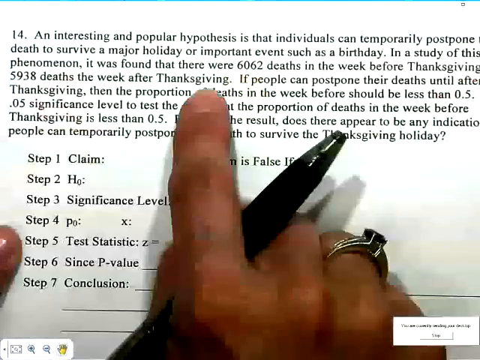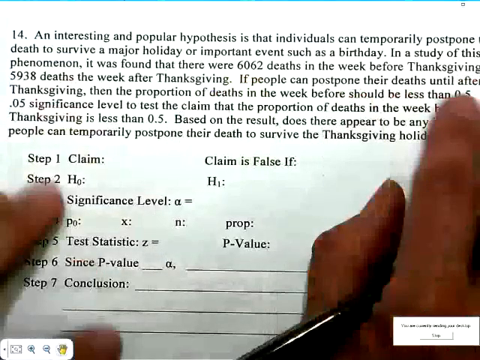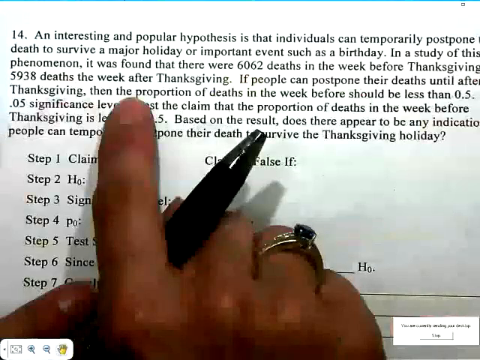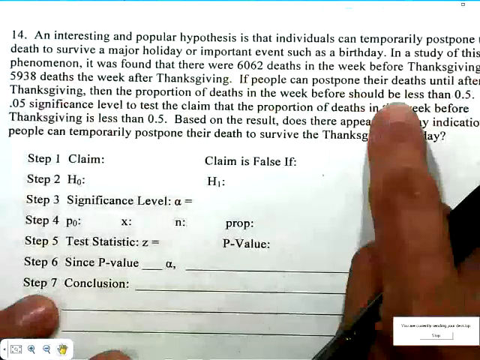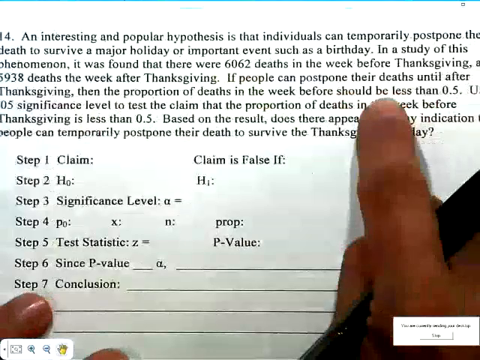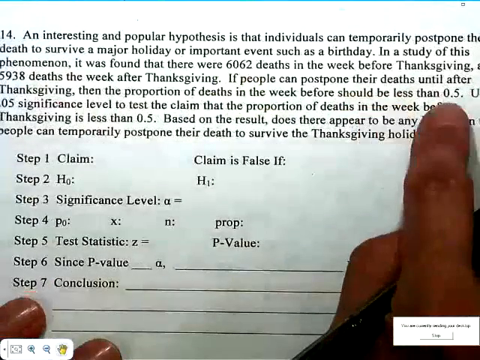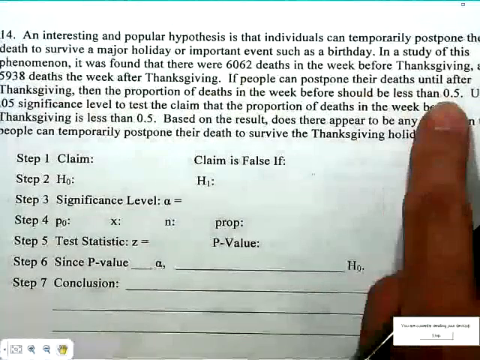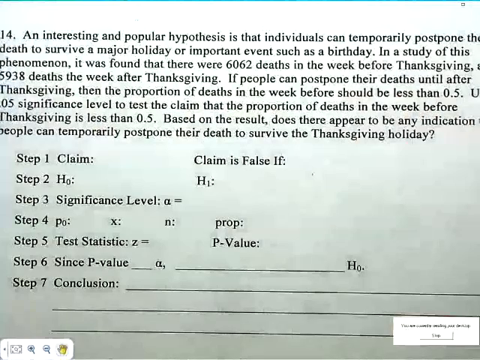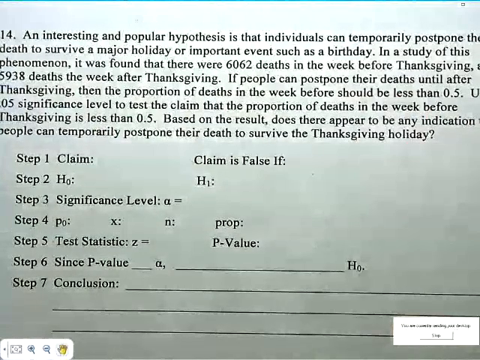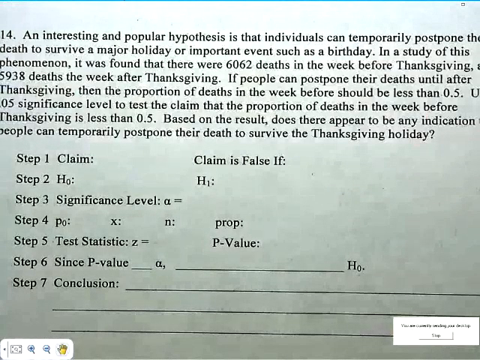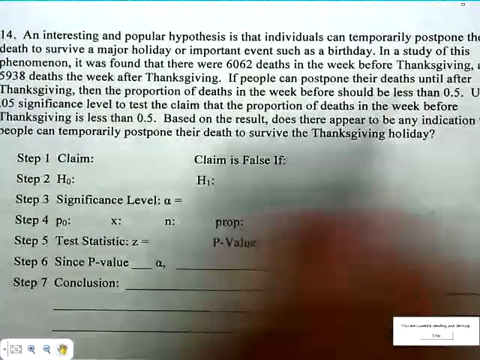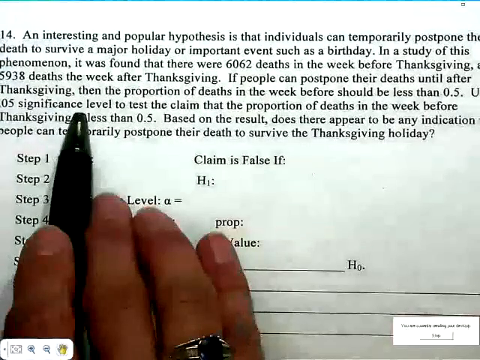If people can postpone their deaths until after Thanksgiving, then the proportion of deaths the week before should be less than 0.5. Because if they don't have any control, the proportion would be equal to 0.5. But if people actually are hanging on for Thanksgiving, I want one last turkey leg before I go, then the proportion of deaths the week before Thanksgiving would be less than 0.5. Use a 0.05 significance level to test the claim.